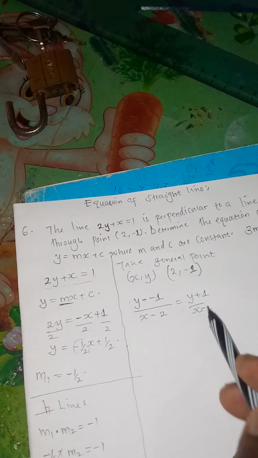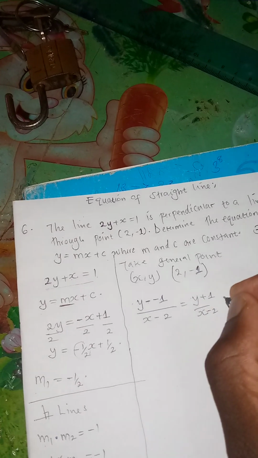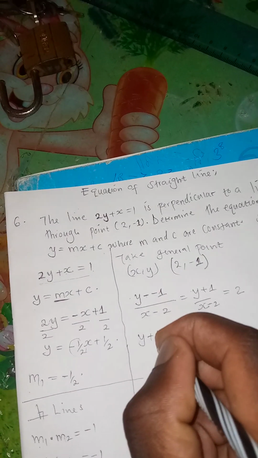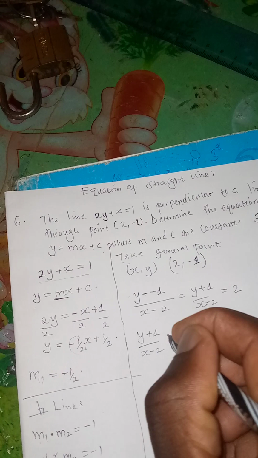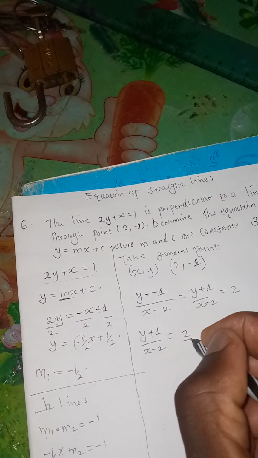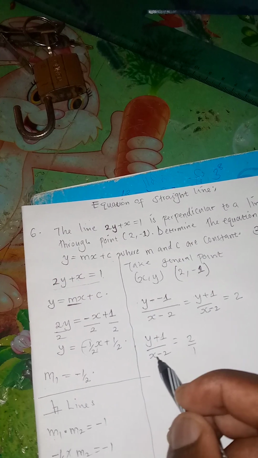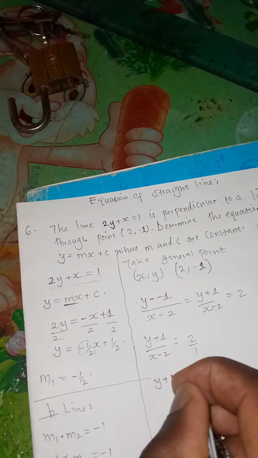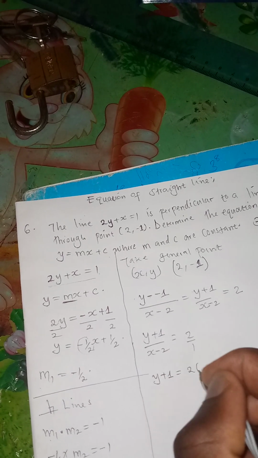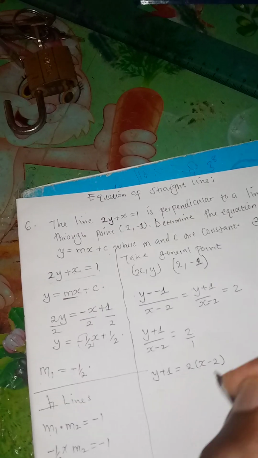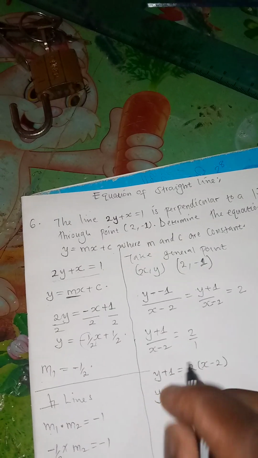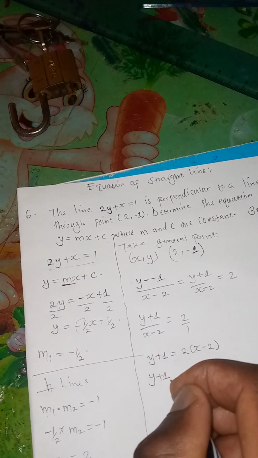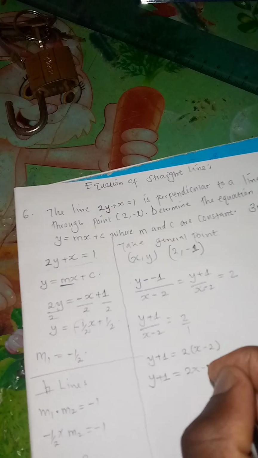This is the expression for the gradient, which we know to be 2. So y plus 2 over x minus 1 equals 2. We can call it over 1, so we can cross multiply. When we do that, it will be y plus 2 equals 2 into bracket x minus 1. We open the brackets on the right hand side: y plus 2 equals 2x minus 2.